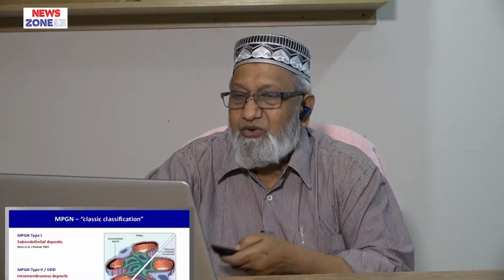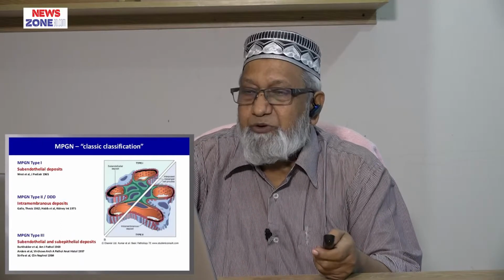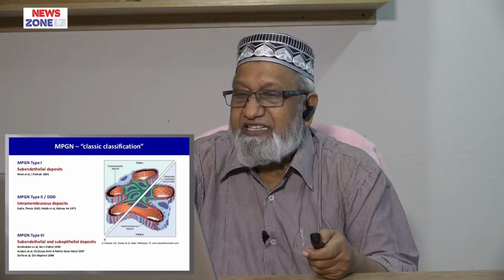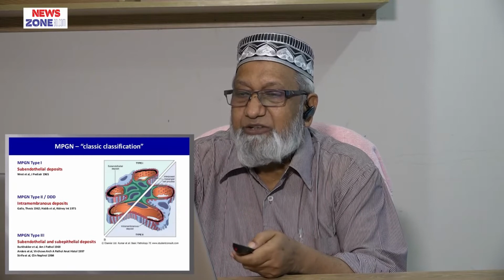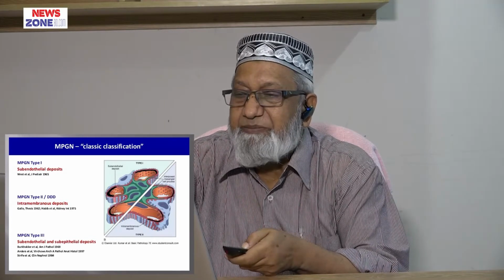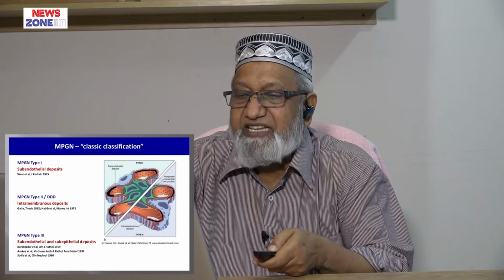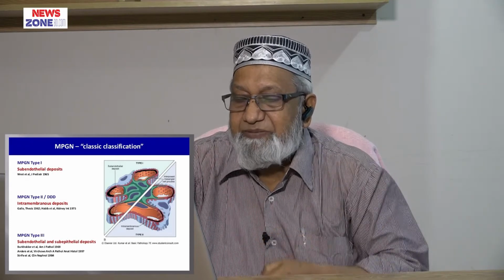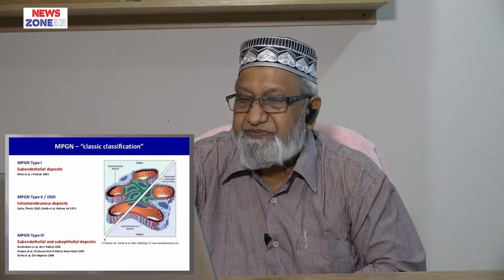Enlarged electron microscopy. So in membranoproliferative glomerulonephritis, there are three types. Type 1, subendothelial deposits. Type 2, that is intramembranous deposit, and type 3 is subendothelial and subepithelial deposits.